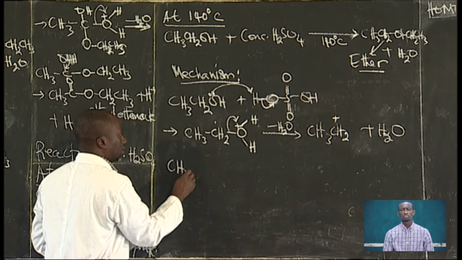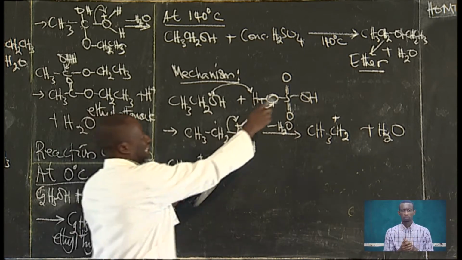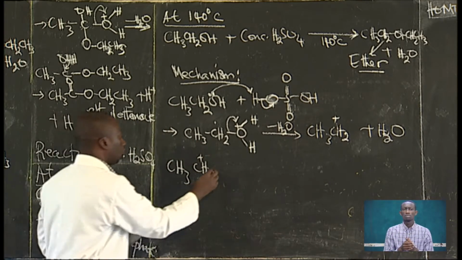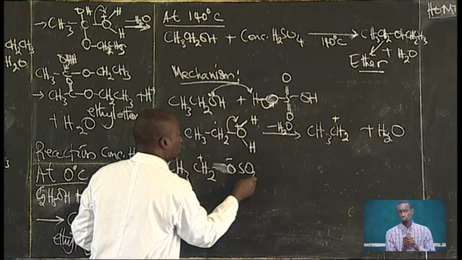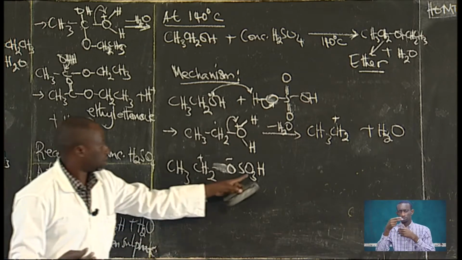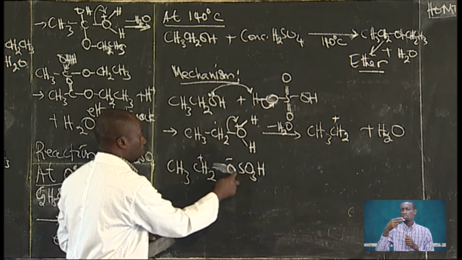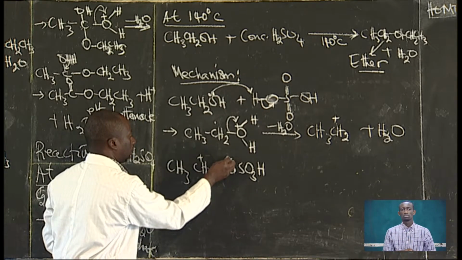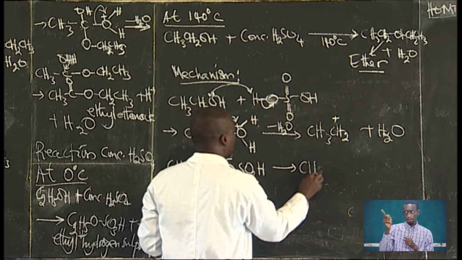In the next step, this carbocation is attacked by the hydrogen sulfate. This hydrogen sulfate can be written in this form, SO3. It is just the rearrangement. If you look at the reaction, there are 4 oxygens, 1, 2, 3, 4. Still here there are 4, and 1 hydrogen atom. So it's just a rearrangement. So this one comes here and then forms this compound.